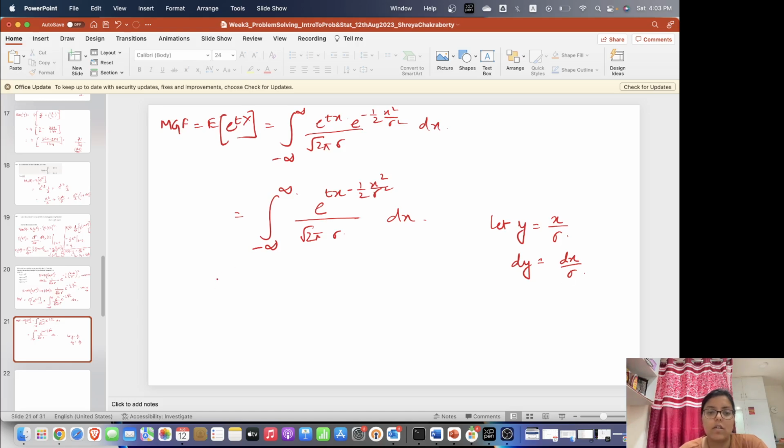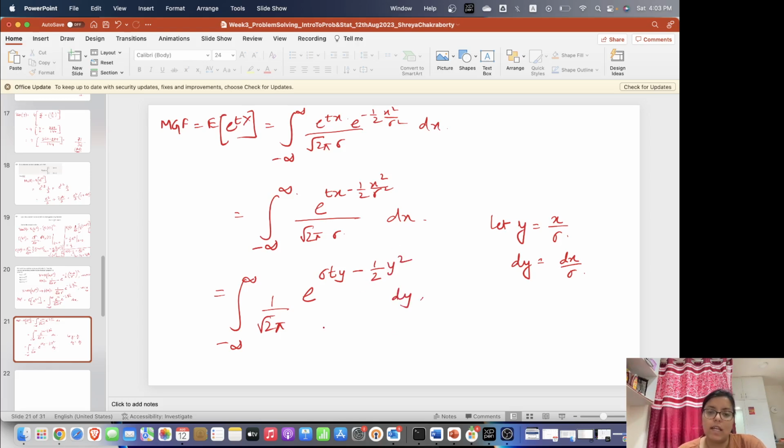So this we can write as integral from minus infinity to infinity of 1 by root 2 pi e to the power sigma ty minus half y square dy.